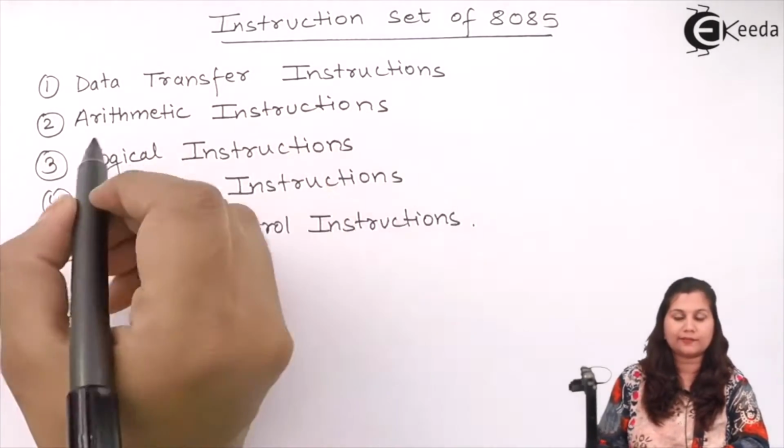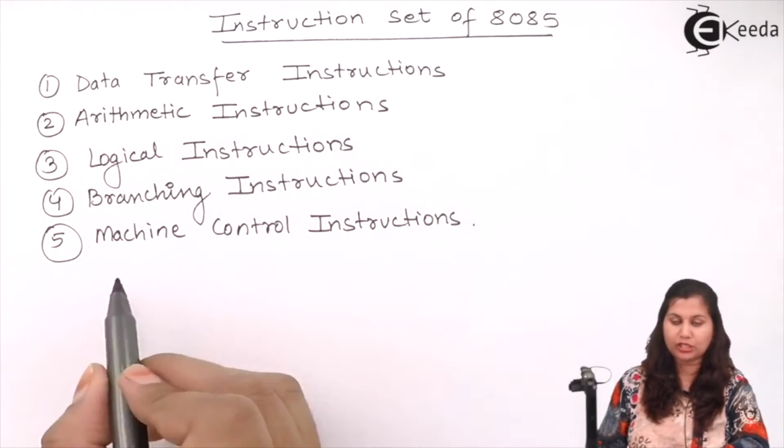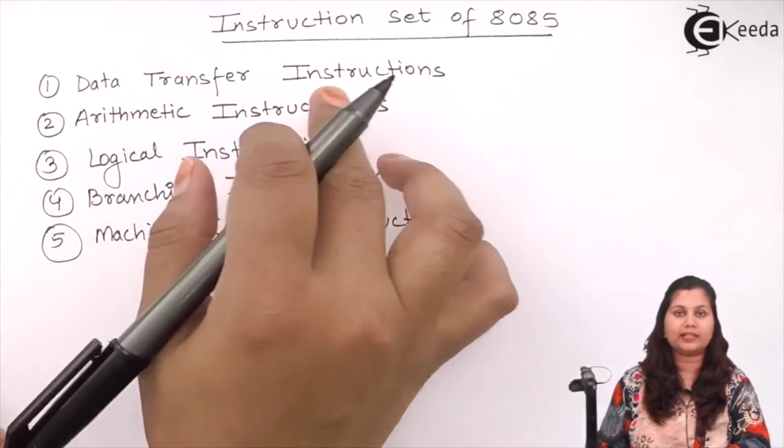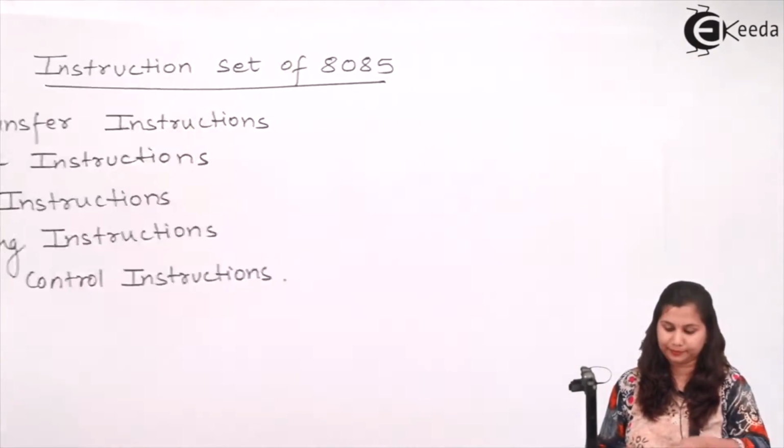First is data transfer, arithmetic, logical, branching, and machine control instructions. First, we will start with data transfer instructions.